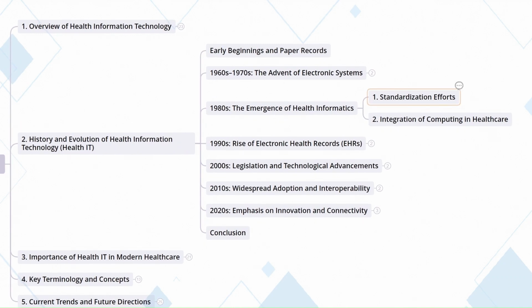Efforts began to standardize healthcare data to facilitate better sharing and interoperability. Coding systems like ICD, also referred to as International Classification of Diseases, and CPT, also referred to as Current Procedural Terminology, were integral in these efforts.